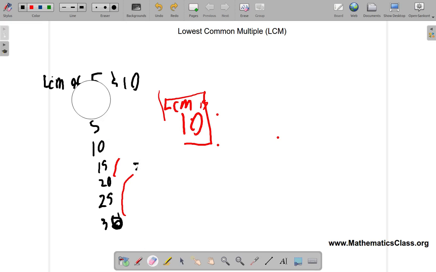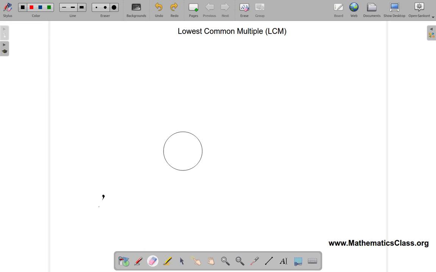Let's look at another example where we're going to find the lowest common multiple of two numbers. Suppose you have, let's say, 3 and 20. Some multiples of 3. You have 9, you have 30, you have what else? 33, you have 60, you have 90, 100.